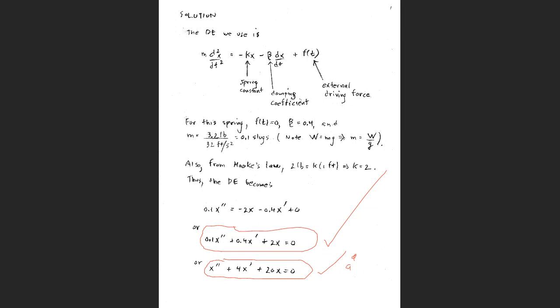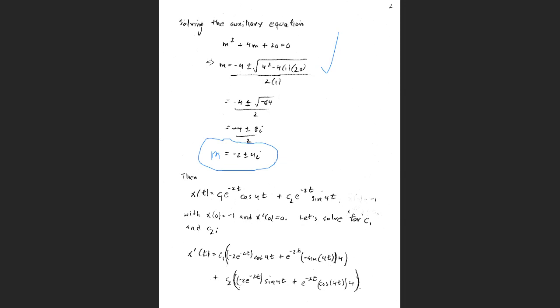Now the auxiliary equation is a second order, so we don't need to use MATLAB to help us solve it. I mean, we could, but hey, we know how to use the quadratic formula here. And so we do that, and it turns out that the roots to the auxiliary equation are going to be complex numbers.